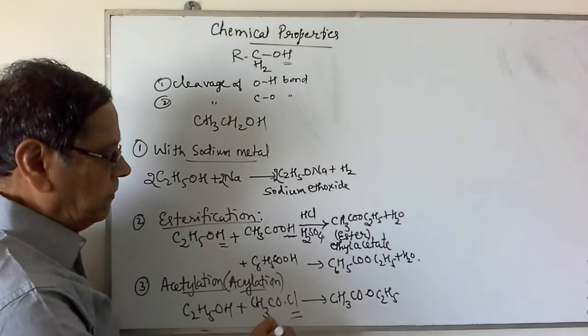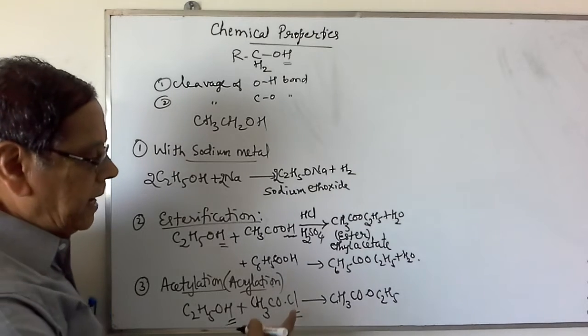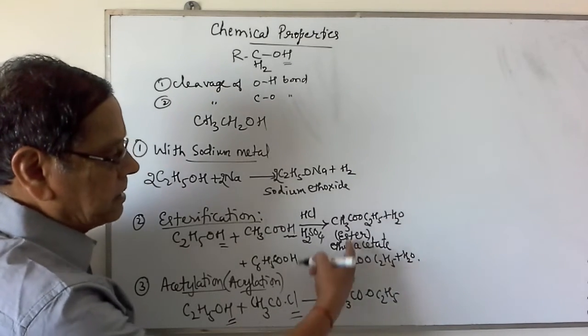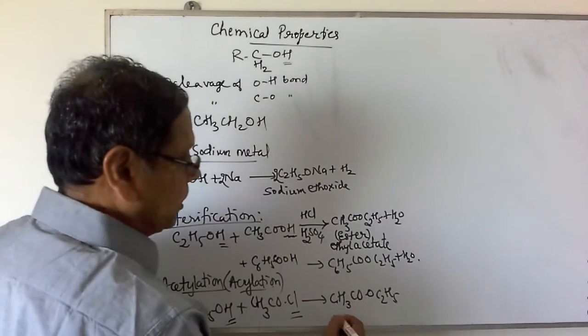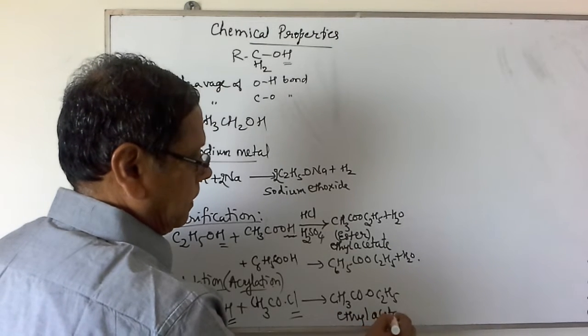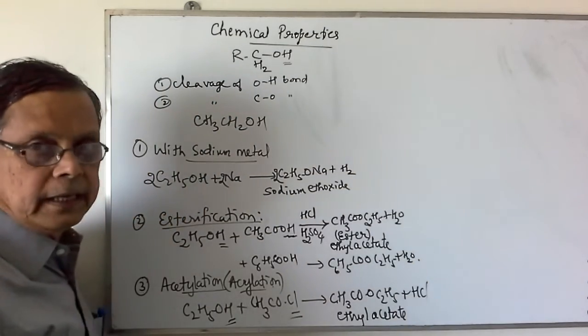Here the halogen atom from the acid halide and the hydrogen atom from the alcohol are eliminated as an HCl molecule. The product is the same as that of the esterification reaction. It is nothing but ethyl acetate, along with the formation of HCl.